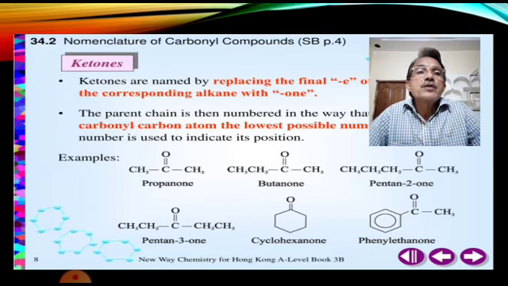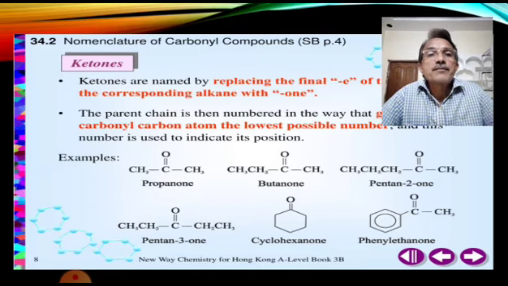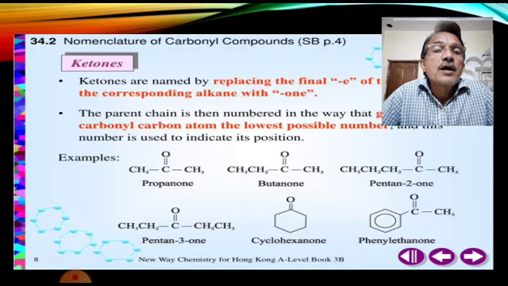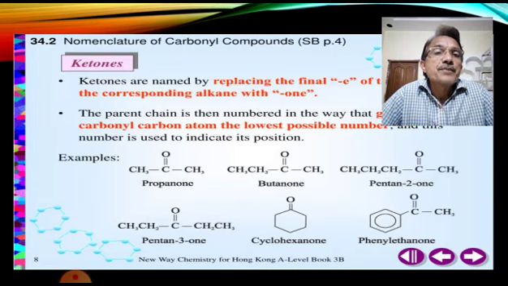In the IUPAC system of nomenclature, ketones are also called alkanones. The E of alkane is replaced by ONE. Therefore, all ketones are also called alkanones.